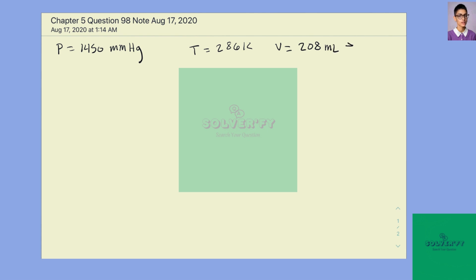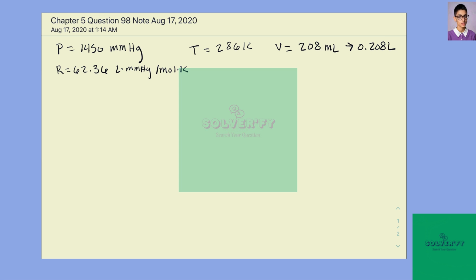I'm just going to convert this straight to liters, so 0.208 liters. And then for this equation, I'm going to be using R is equal to 62.36 liters times millimeters of mercury per mole Kelvin.